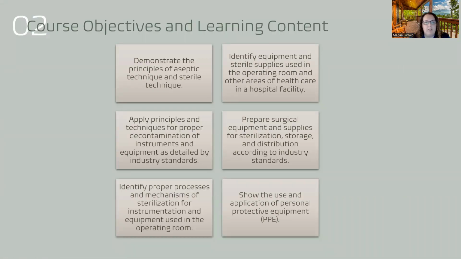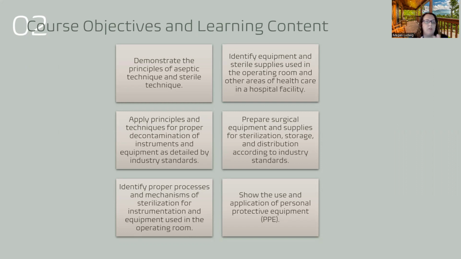Here are your objectives. Throughout the course you're going to see some of these repeat because you really do these all the time. For example, you're going to learn how to demonstrate the principles of aseptic technique and sterile technique, which we'll talk about here in a bit. Identifying equipment and sterile supplies using the operating room and other areas of the healthcare facilities. We're going to apply principles and techniques for proper decontamination of instruments.